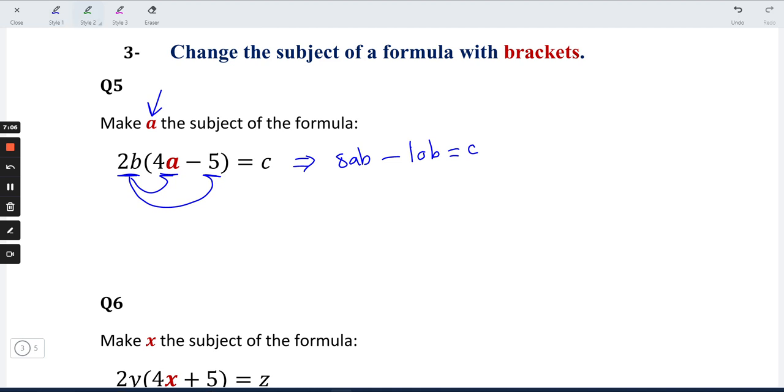Now as you can see, a is still here, multiplied by 8 and b. So first let's get rid of minus 10b, so I will add 10b to both sides. Here we'll get 8ab equal c plus 10b.